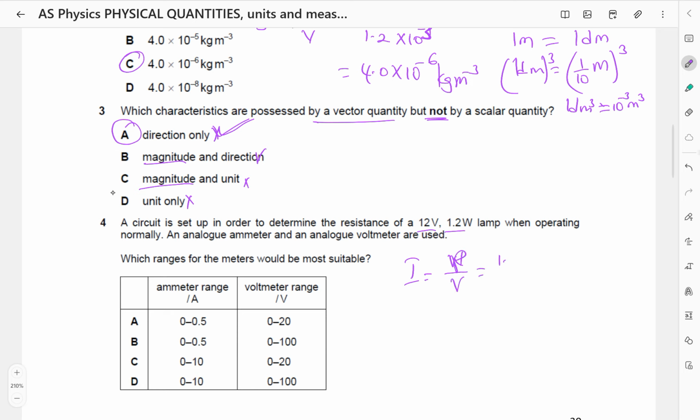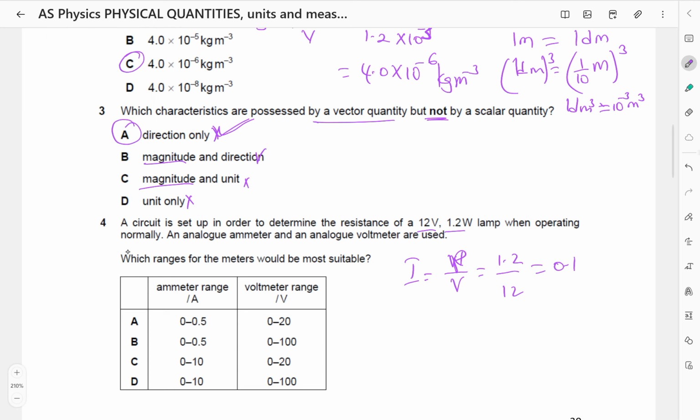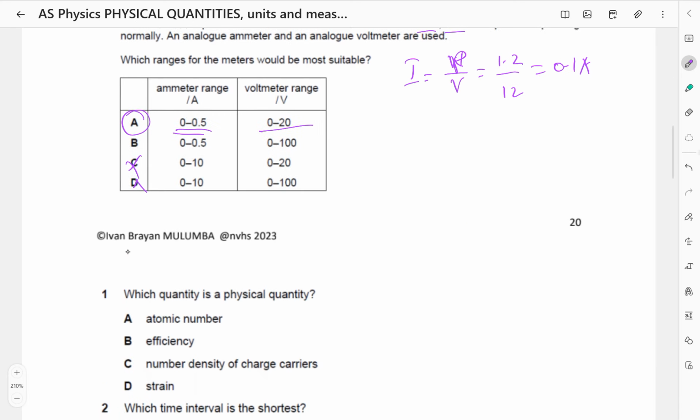So this is 1.2 divided by 12, that is 0.1 amperes. So the current is in the range 0 to 0.5, meaning C and D are wrong. And notice that the value of V is in the range 0 to 20, so the answer is going to be A, because current is 0.1 and V is 12 volts, which is between 0 and 20.